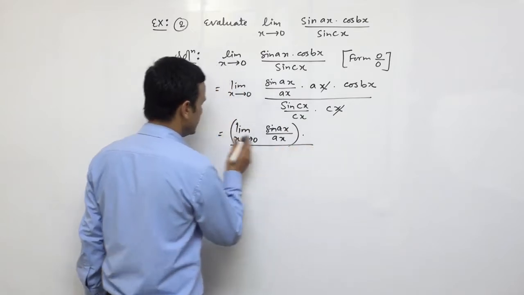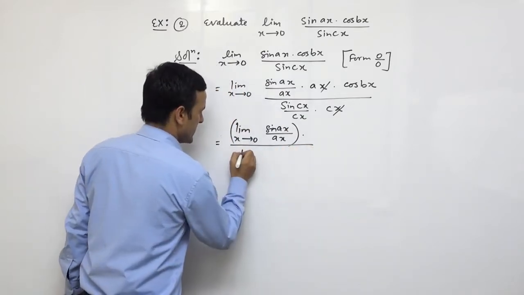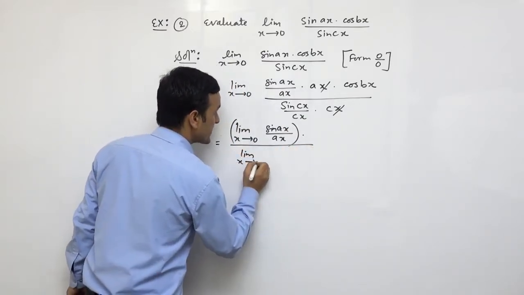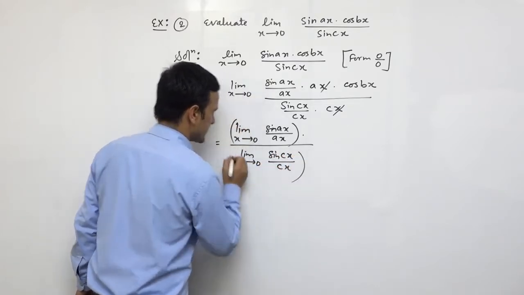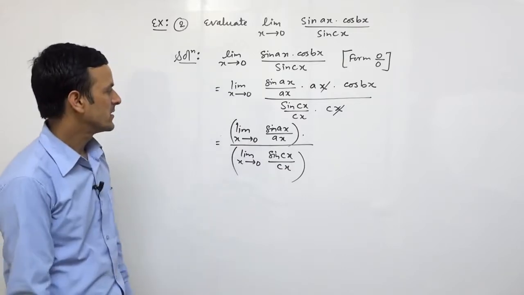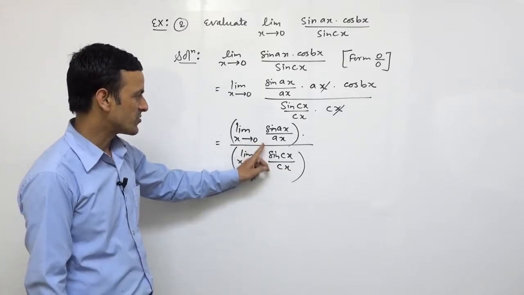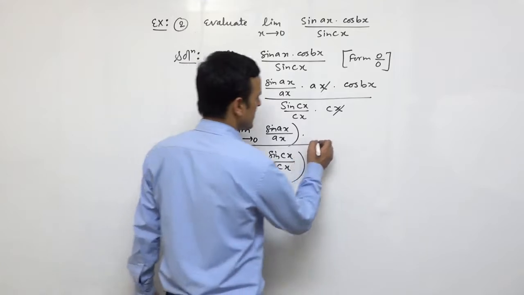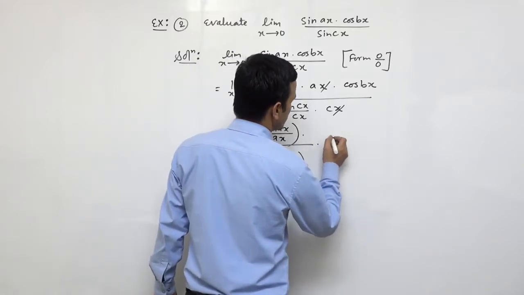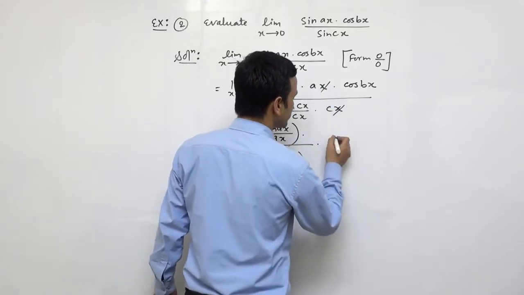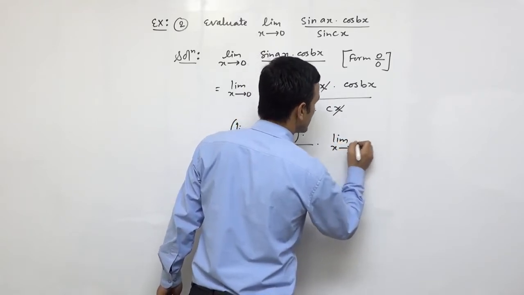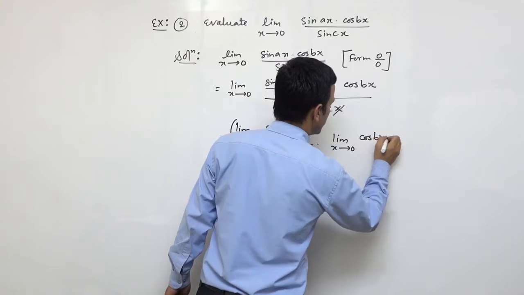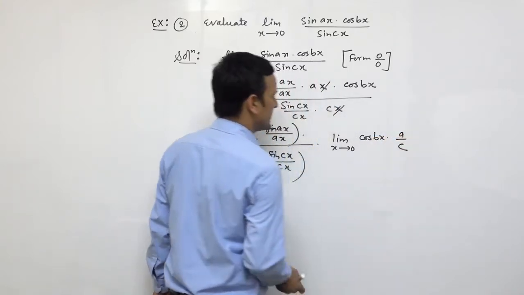And similarly, limit x tends to 0, sin cx divided by cx. This is also 1. This bracket term is 1, and this bracket term is also 1, and this is a upon c, or we can write limit x tends to 0 cos bx into a by c.